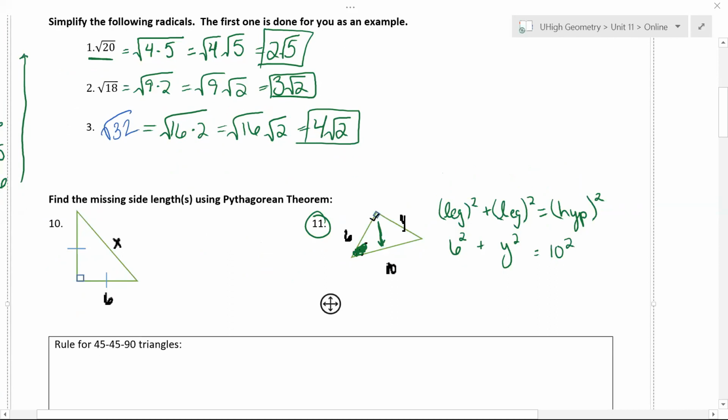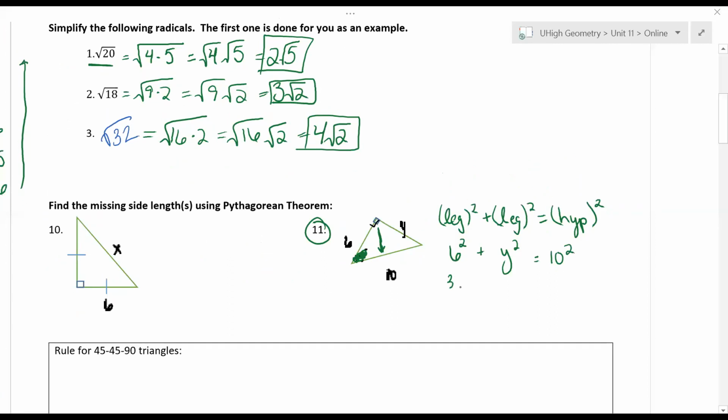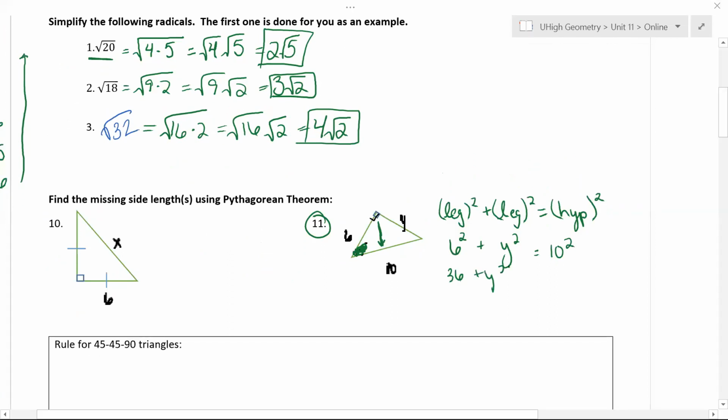When I simplify this, 6 squared is 36, plus y squared equals 100. If I subtract over my 36, I get y squared equals 64. If I take the square root of both sides, I get that y equals 8. And that is my missing side.